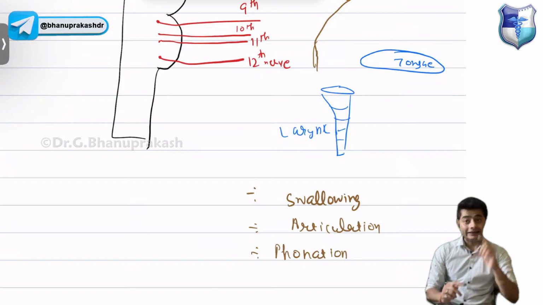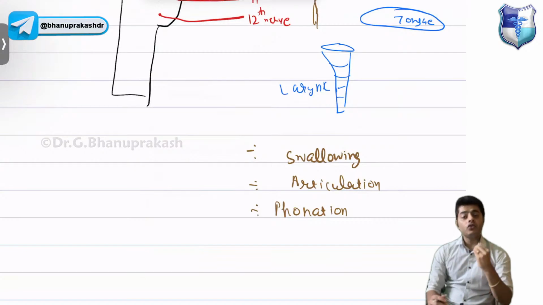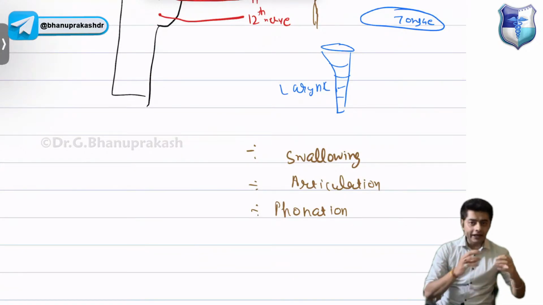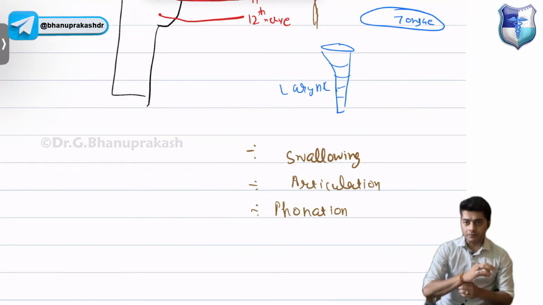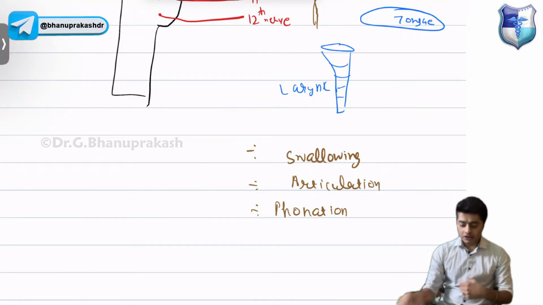And we all know that the ninth and tenth nerve also help in the gag reflex, that you cough whenever you are eating something, and that thing shouldn't go to your respiratory system. So it is protected by your gag reflex. So you suddenly cough.